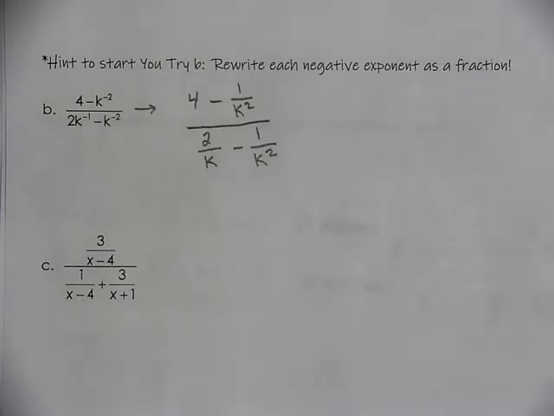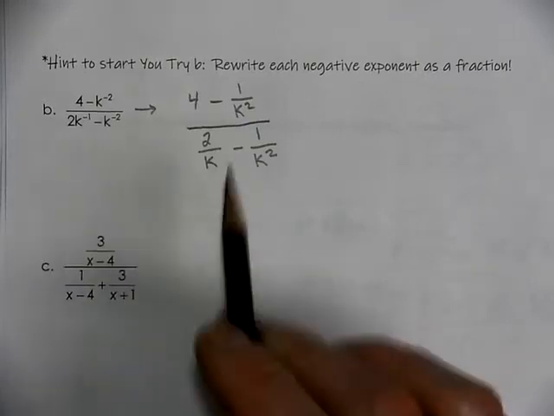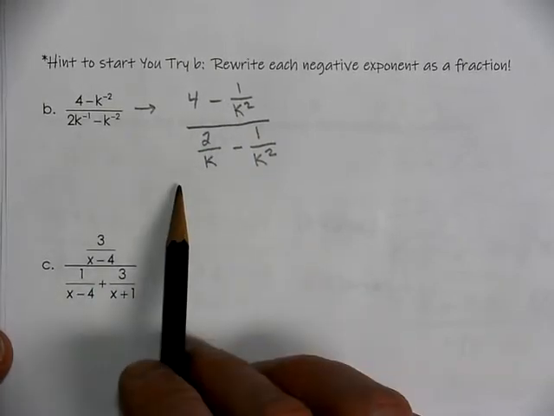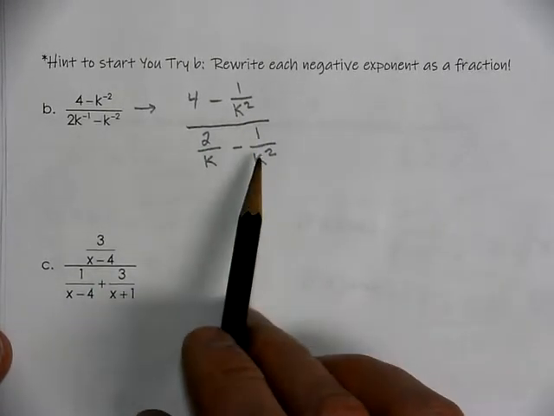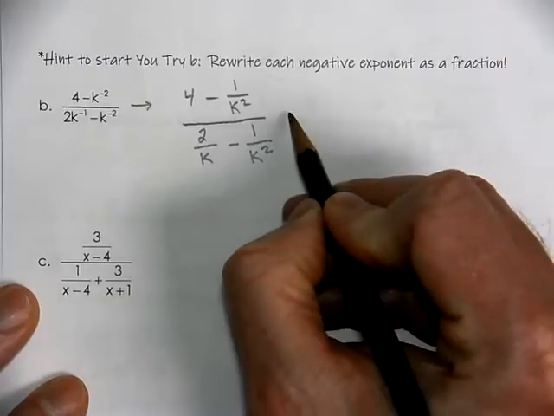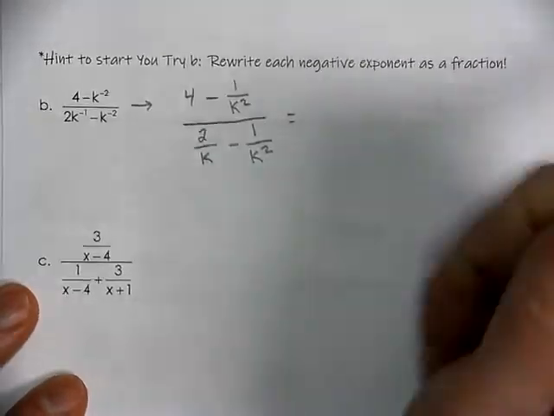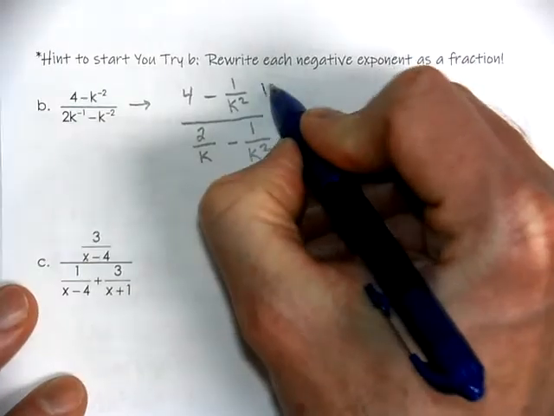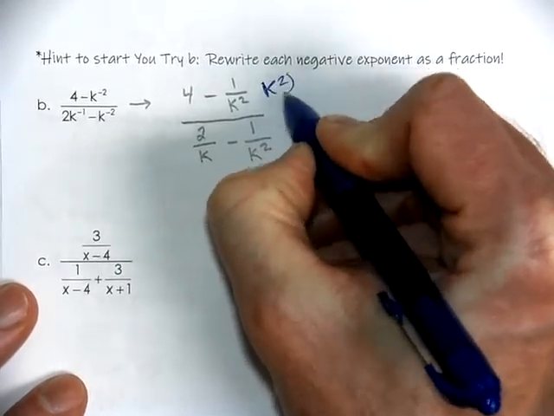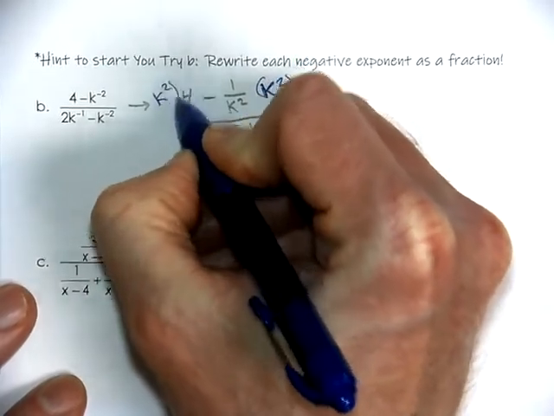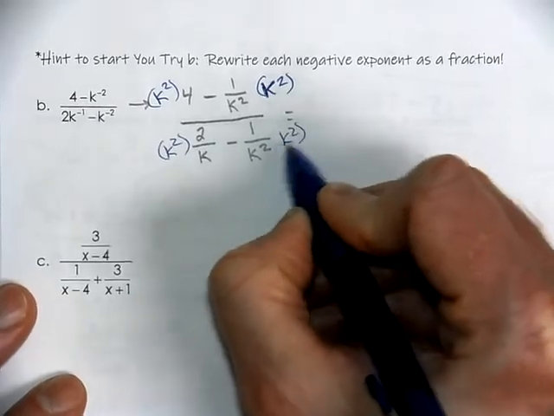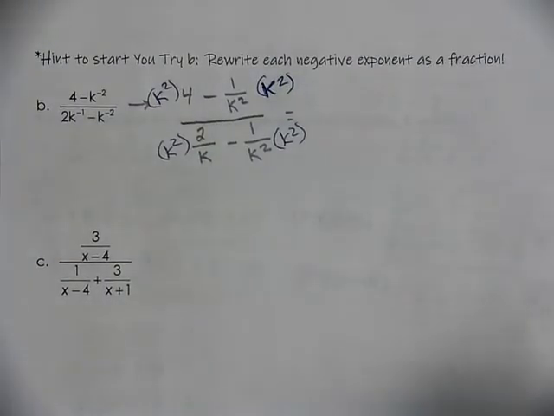Our common denominator, notice that this one doesn't have anything, but they all have k's in them. These two actually have k squareds. So you have to take the largest exponent. So we are going to multiply, maybe, k squared to every fraction.